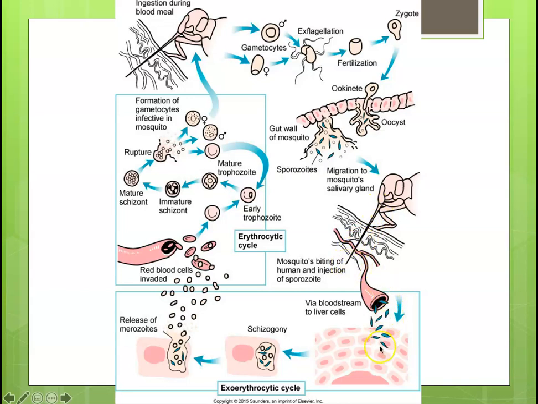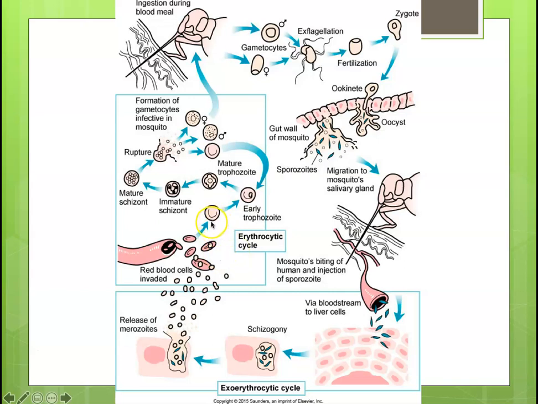Those sporozoites go to the liver, beginning the exoerythrocytic cycle. The sporozoites undergo schizogony. They go through trophozoite, schizont, releasing merozoites. The merozoites go into the bloodstream, and so begins the erythrocytic cycle.